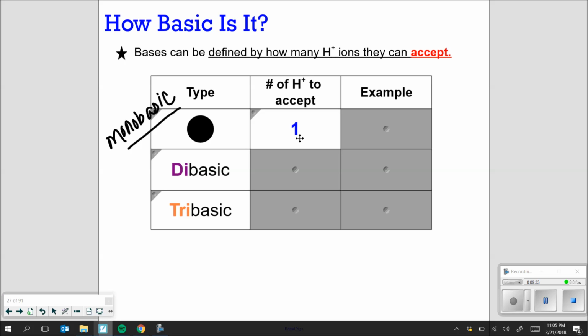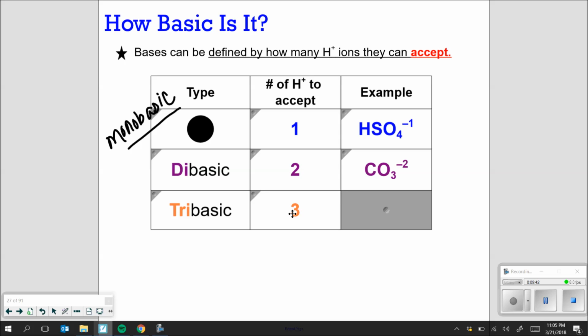Monobasic would have 1 proton to collect, for example HSO4 -1. Dibasic would have 2, CO3 2 negative, and tribasic would have 3. And remember, this is all basically saying how much room do I have for hydrogens to be added? Do I have room for 1? Do I have room for 2? Do I have room for 3?